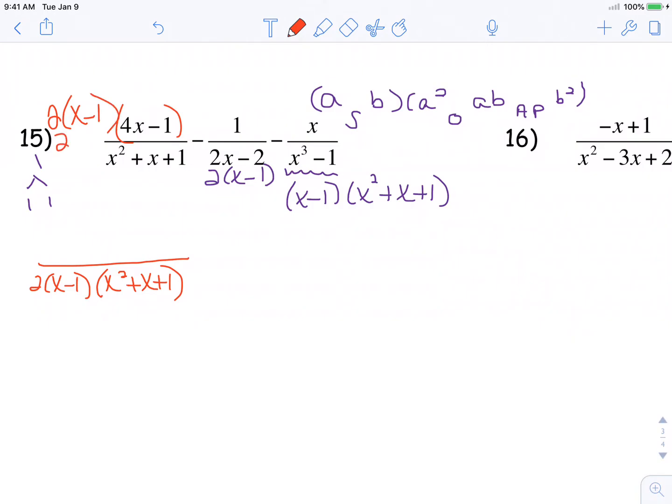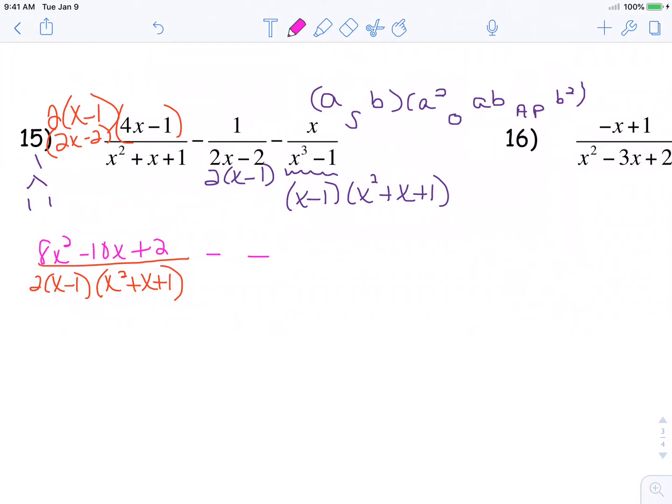This requires a little bit of foiling. That really becomes 2x minus 2. And then if we FOIL this, it looks like 8x squared and negative 10x and then a plus 2. So that's my new first fraction with the common denominator.